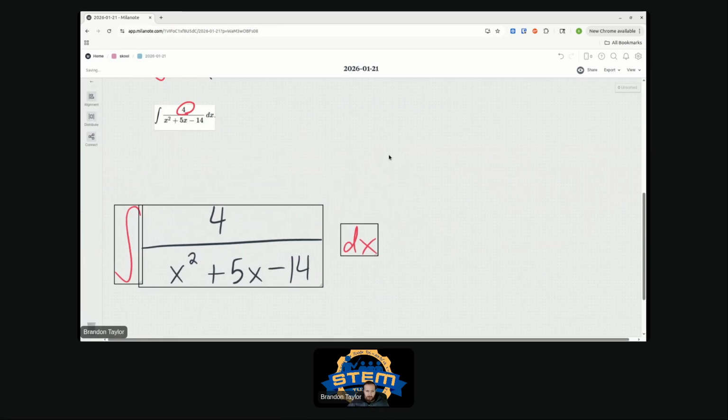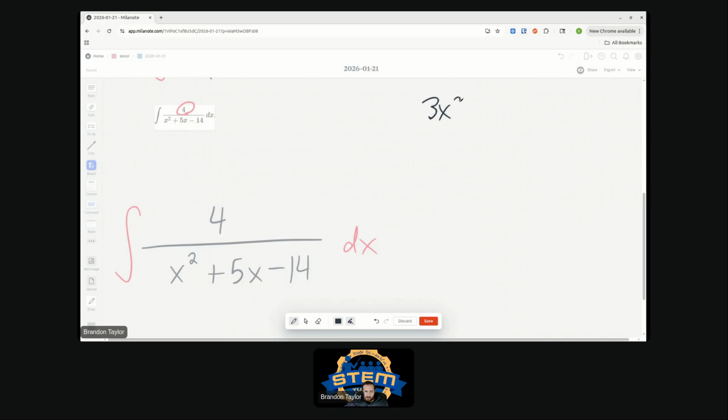If that doesn't make sense, think of it like this. If I have 3x squared plus 4x minus 5, that's a 2nd degree polynomial, right? If I cross out the first term, I would be left with 4x minus 5. That's a 1st degree polynomial because it has x to the first power.